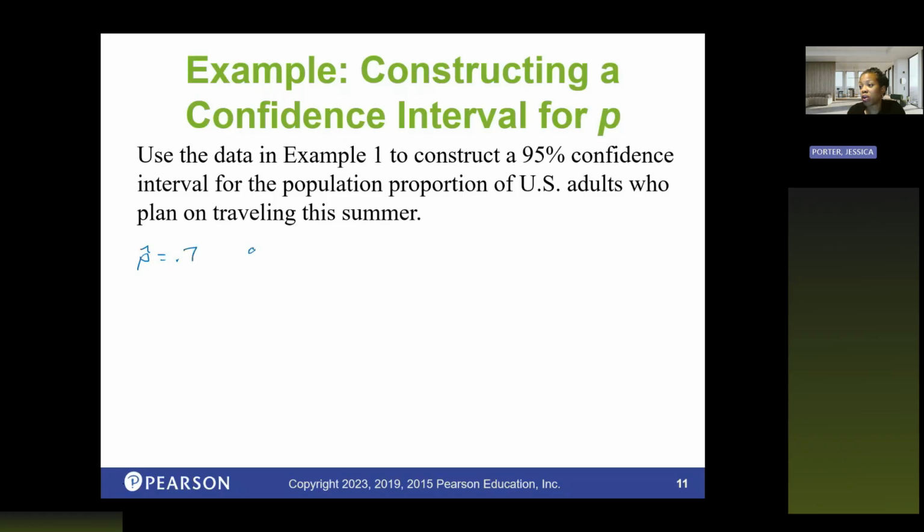That means q hat is equal to 1 minus 0.7, which is 0.3. And then our margin of error is equal to z critical times the square root of p hat times q hat over n.